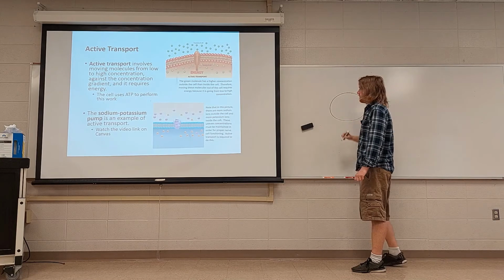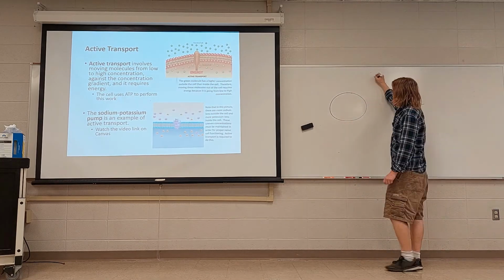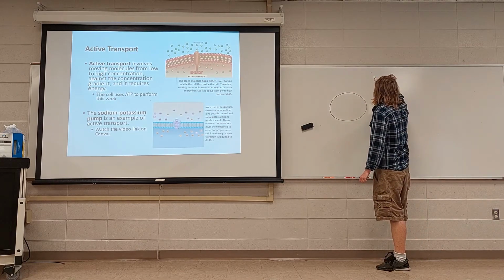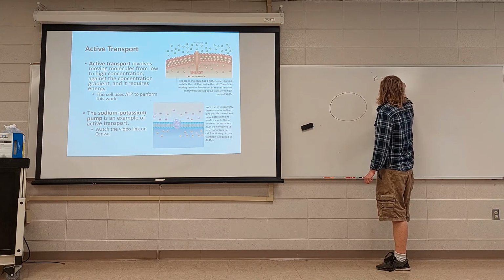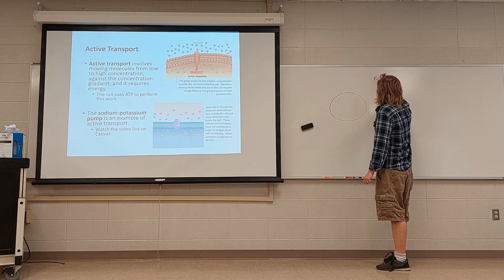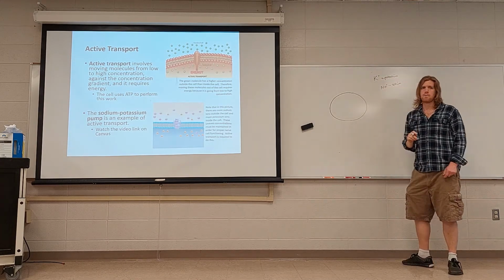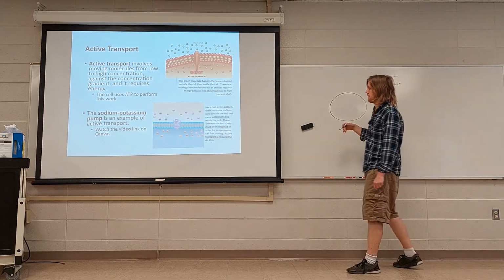Here's a cell, okay? And again, K is potassium, Na is sodium. Both of these would have a plus. I don't feel like drawing that every time, but they do have a positive charge.